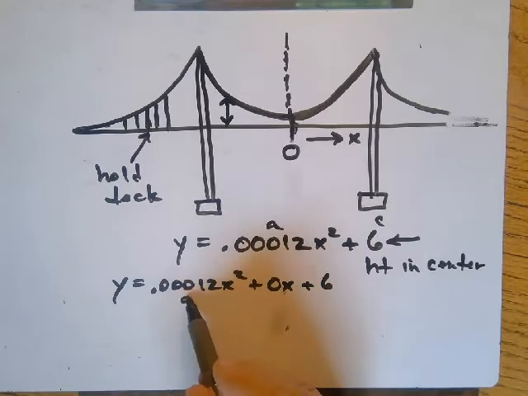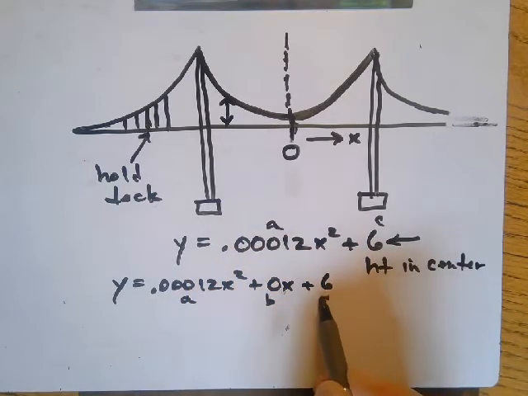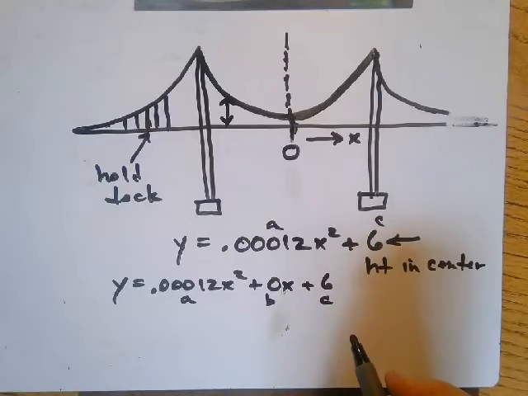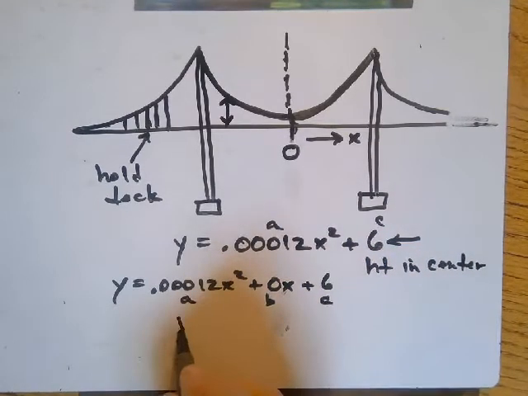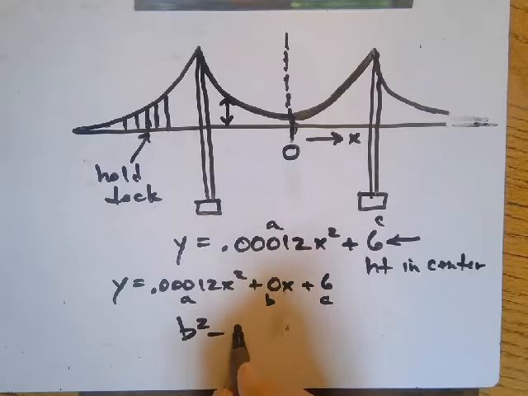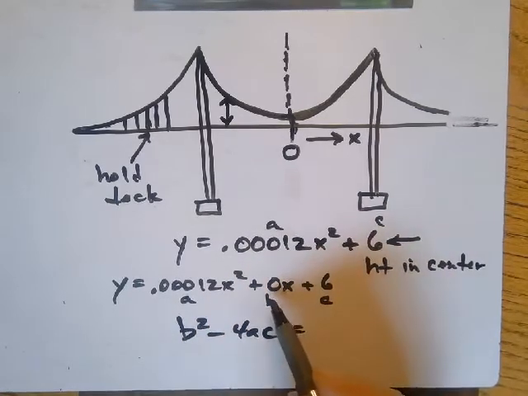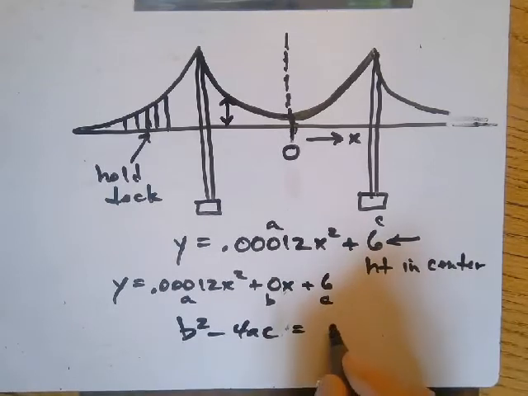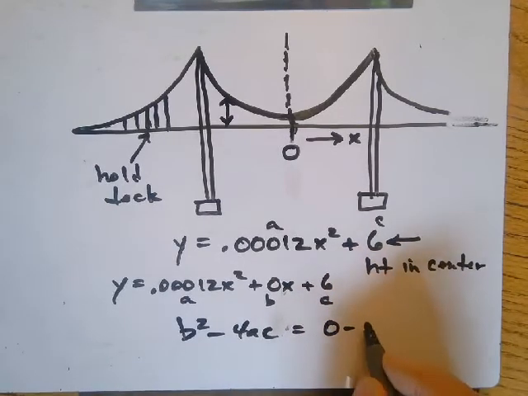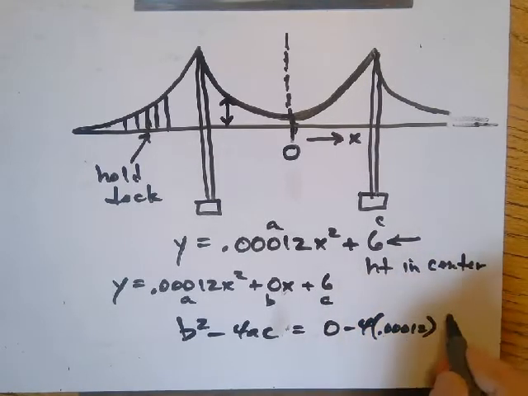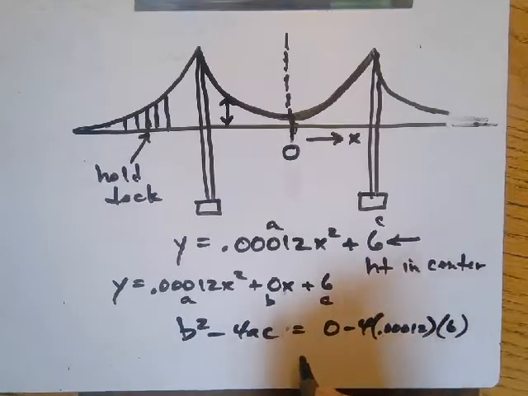So A, B, and C. Let's calculate the discriminant, and the discriminant is B squared minus 4 times A times C. Well, what do we get? B squared would be 0 squared minus 4 times A, which is 0.00012, times C, which is 6.